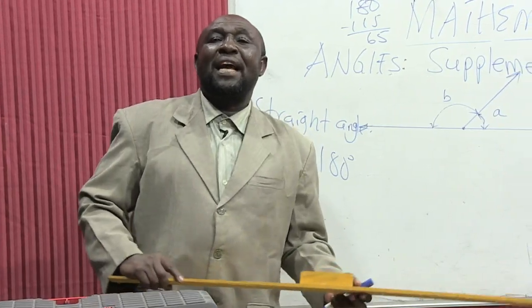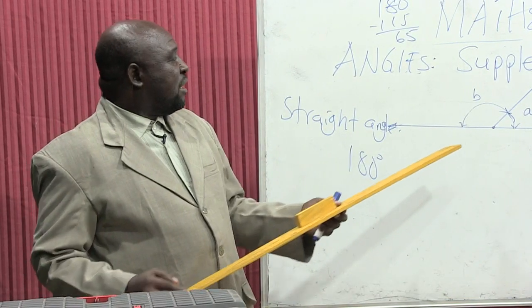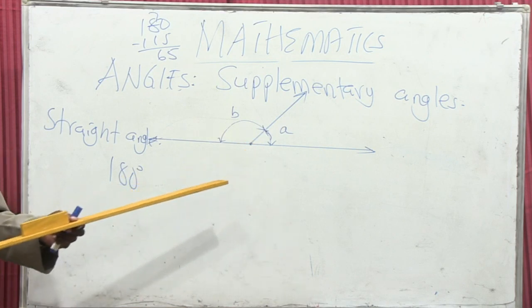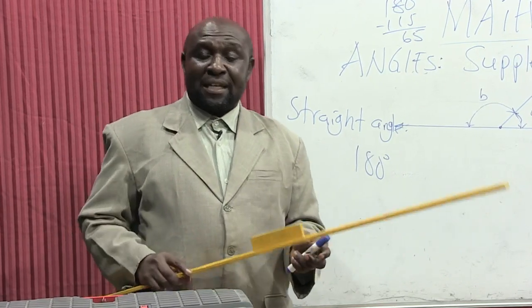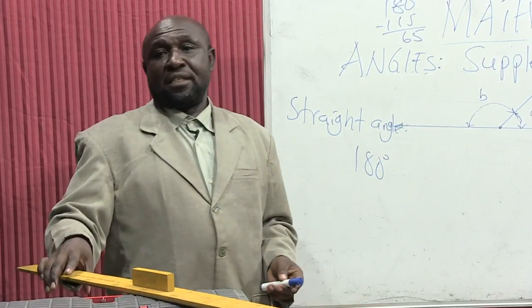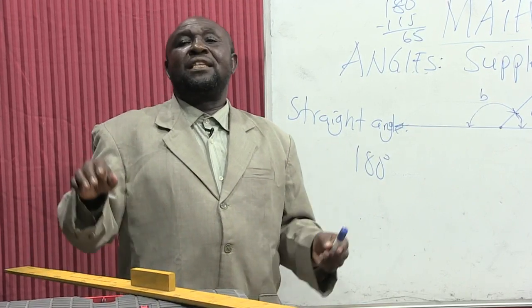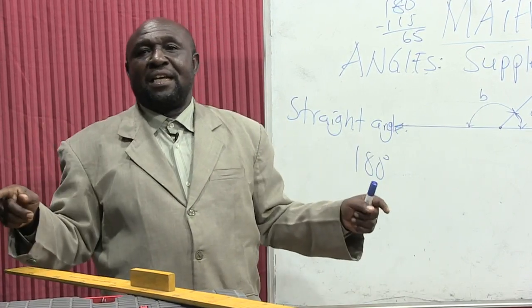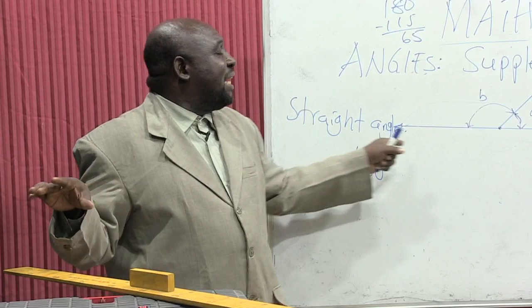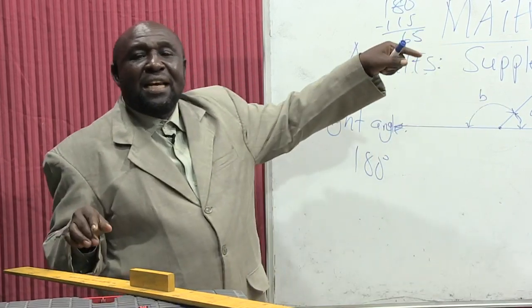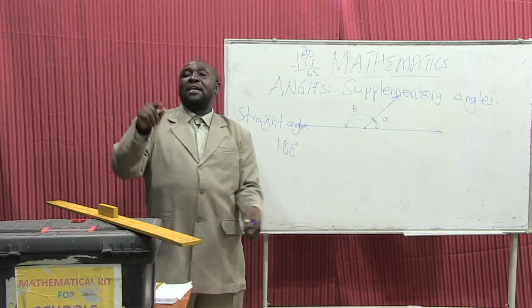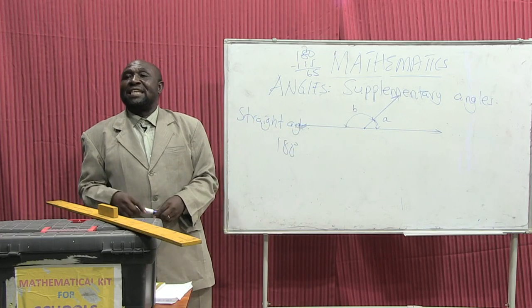Supplementary angles are found at the same point. You don't need a parallel line and a transverse line. You just need a straight line and a line crossing or meeting at that particular point, forming 2 angles which supplement each other.